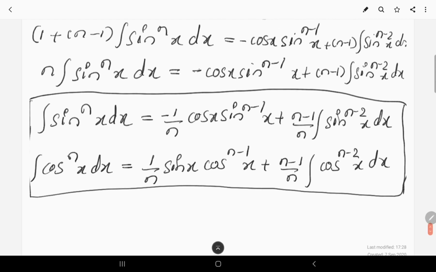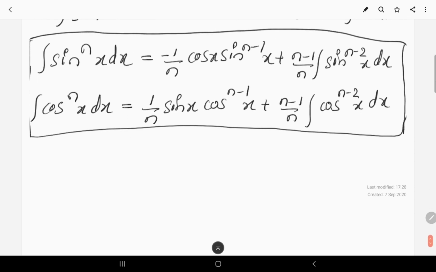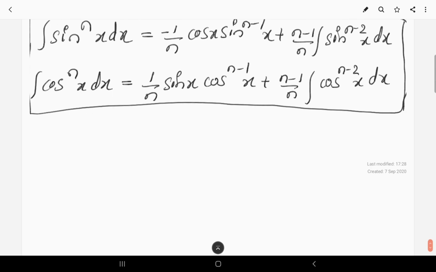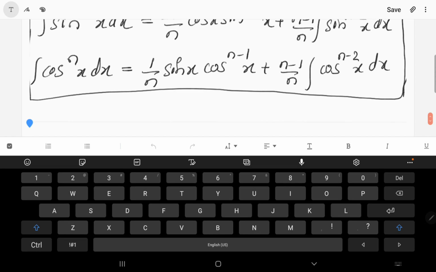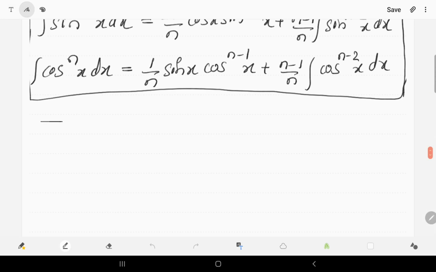This is the reduction formula for sin raised to n x and cos raised to n x dx without limits. If you consider it with limits, it is to evaluate the integration of 0 to pi by 2 sin raised to n x dx.